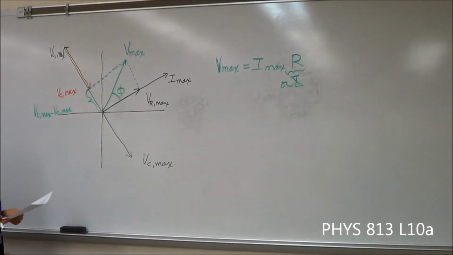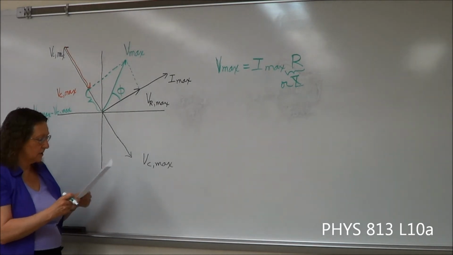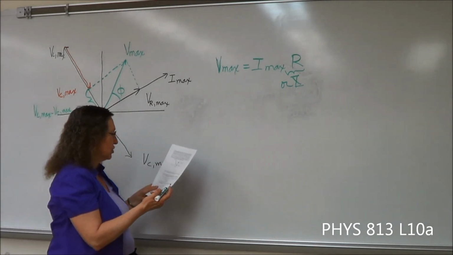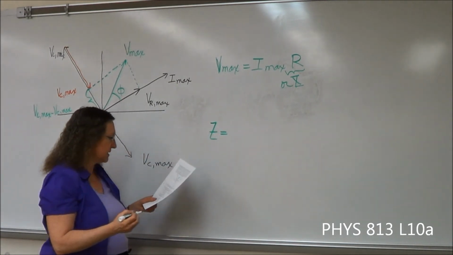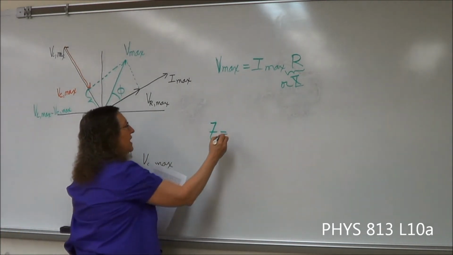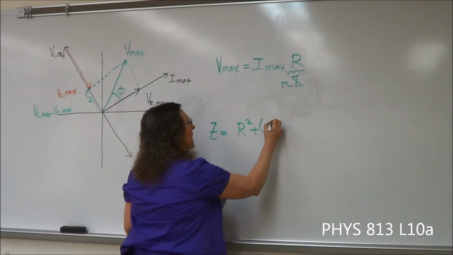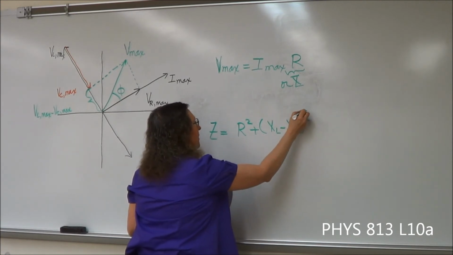So if you put all of that in and factor out the currents and divide both sides and do all of that, you should end up with a thing called the impedance, and that is the square root of R squared plus (XL minus XC) squared.